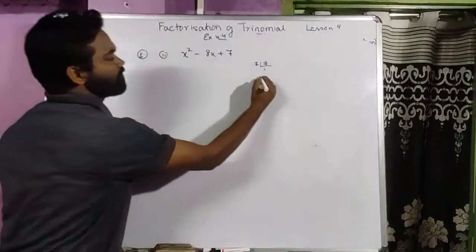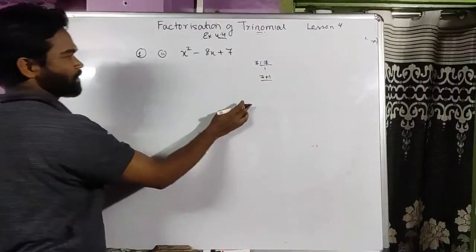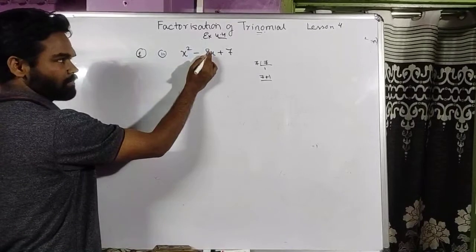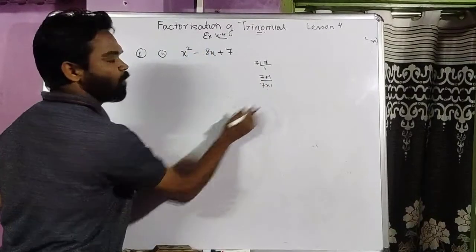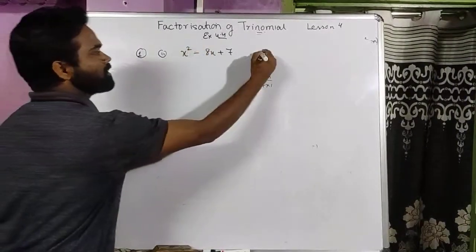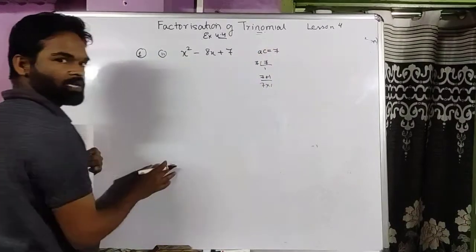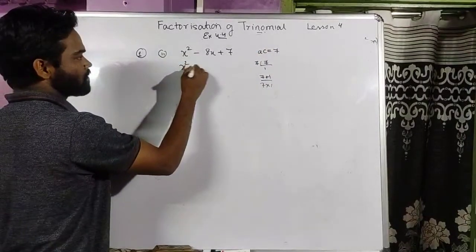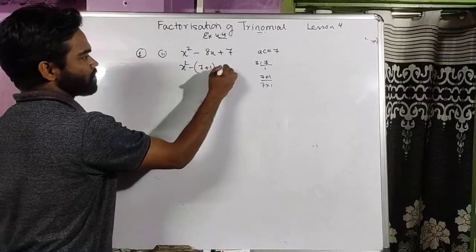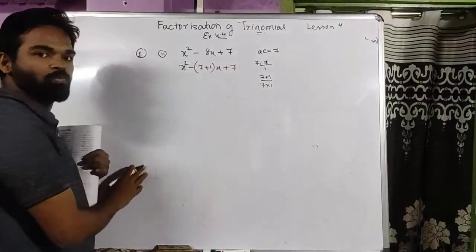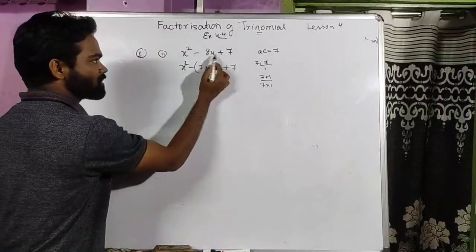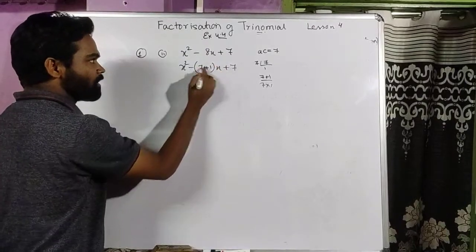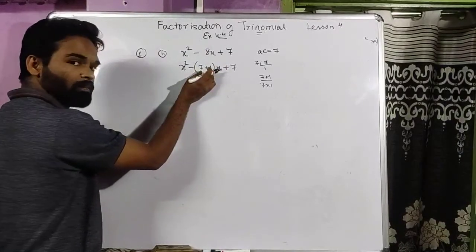So if we use 7 plus 1, we'll get 8, and 7 into 1 gives you ac, which was 7 in this case. Which means, can I write 8 as 7 plus 1? I told you if both are positive, this number should be split in such a way that there is a sum of two numbers.